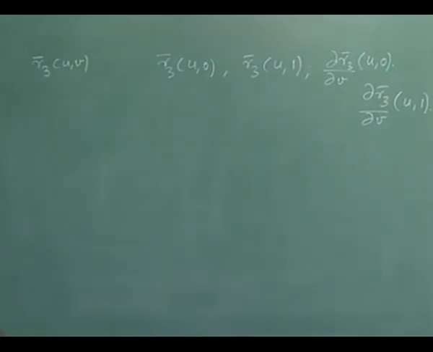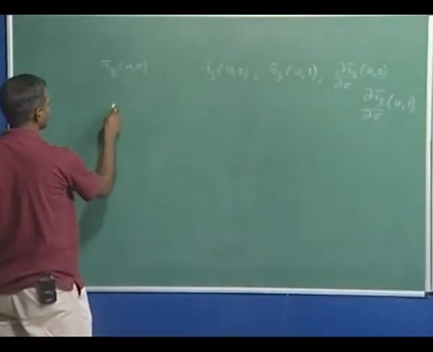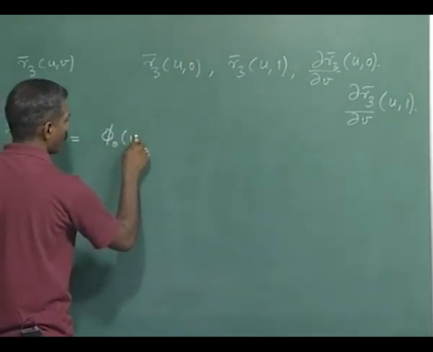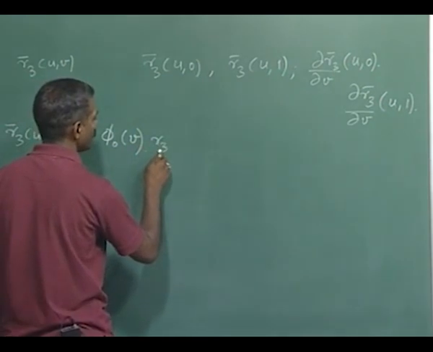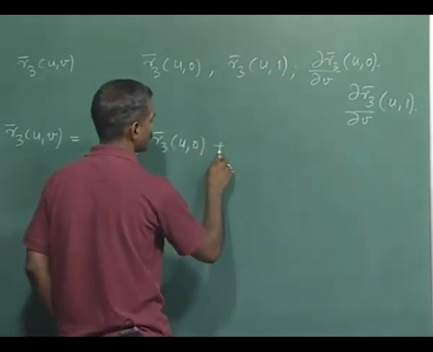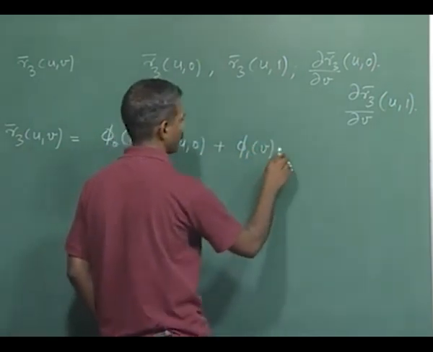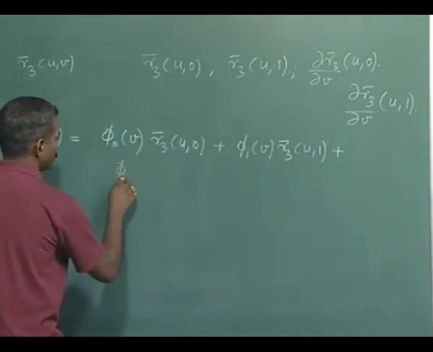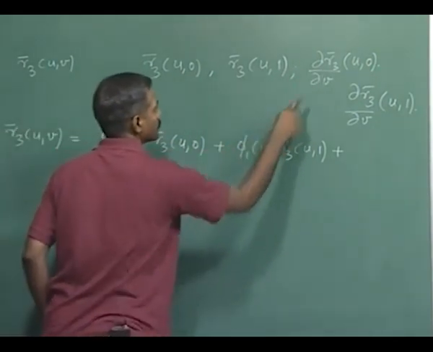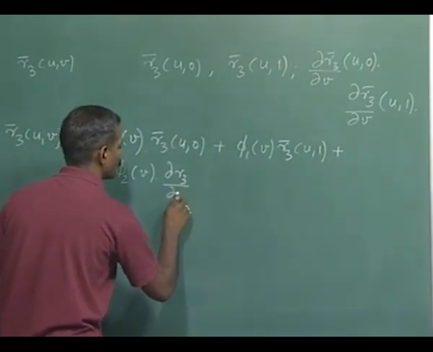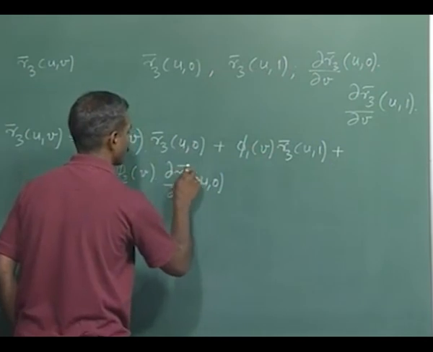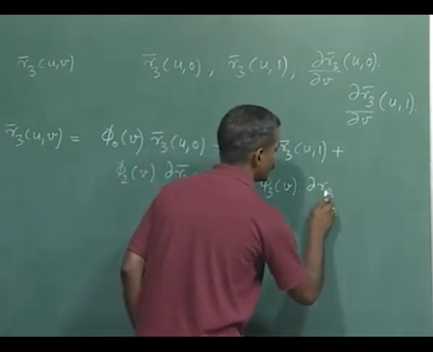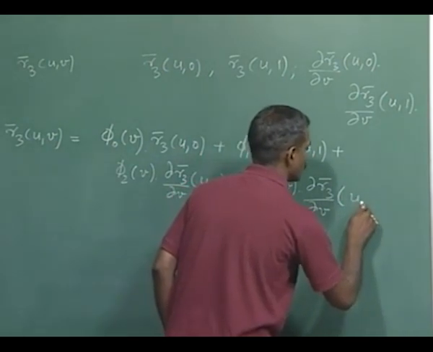With this information, it's very natural for us to create a lofted surface R3(u,v) as phi 0, now a function of v, times R3 u0 plus phi 1(v) times R3 u1 plus phi 2(v) times partial R3 over partial v at u0 plus phi 3(v) times partial R3 over partial v at u1.